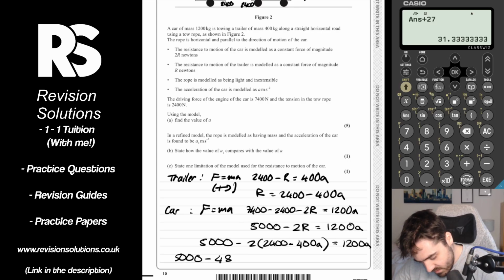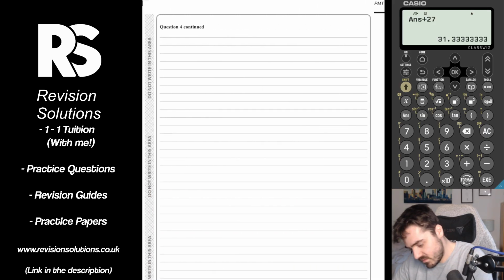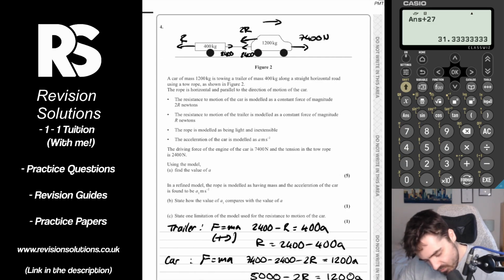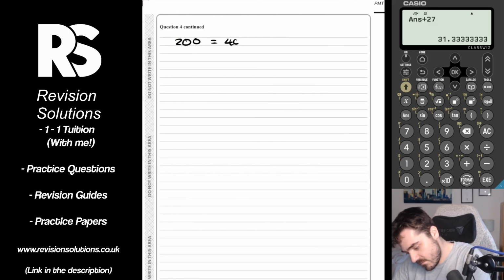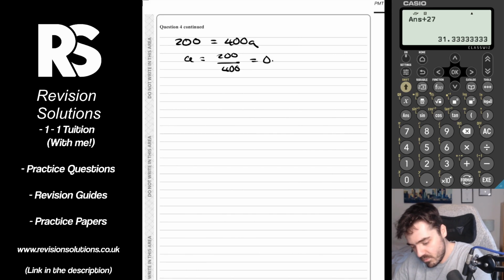So expanding out, it is going to be 5,000 minus 4,800, and, oh, sorry, there's a double minus, so plus 800a equals 1,200a. If we simplify that, we're going to have 200, and if we brought the 800a to the other side, that would be 400a. That means a is going to be 200 over 400, or in other words, a half, so 0.5 meters per second squared.